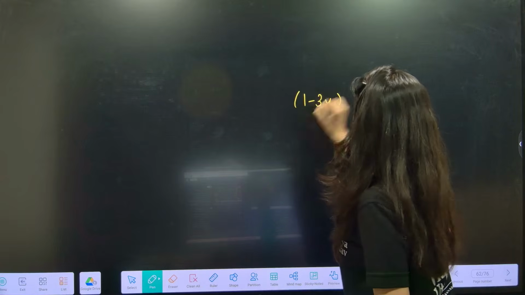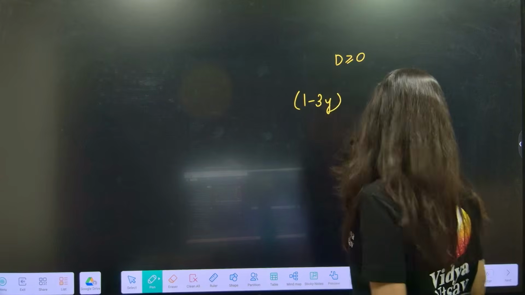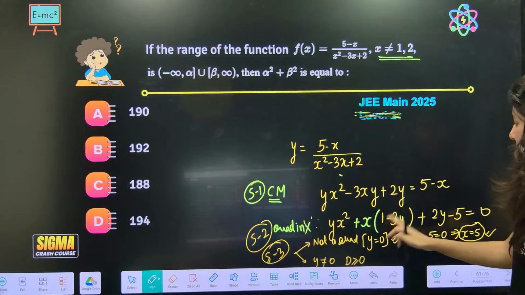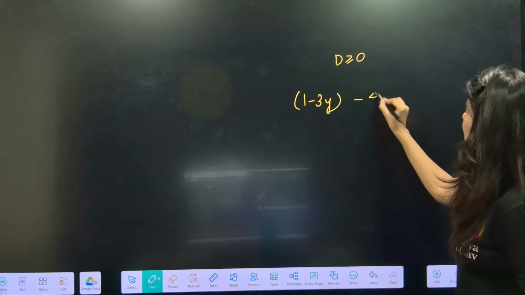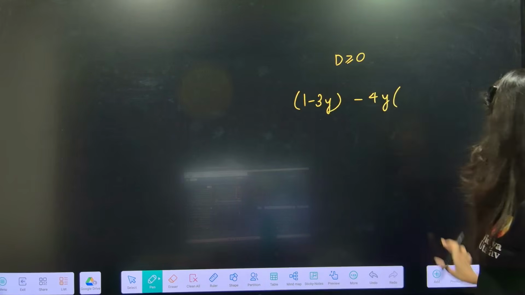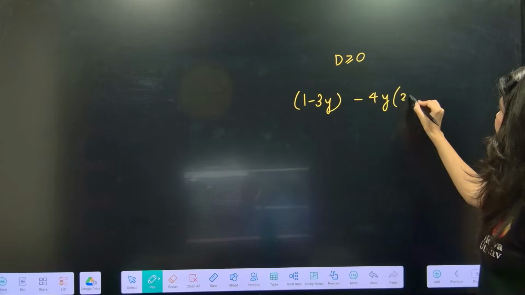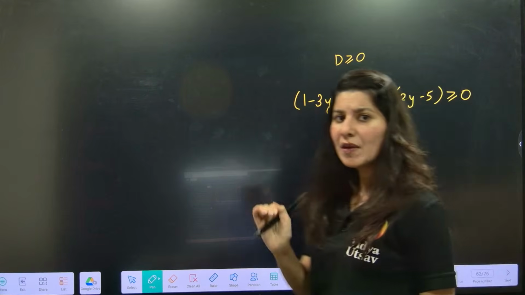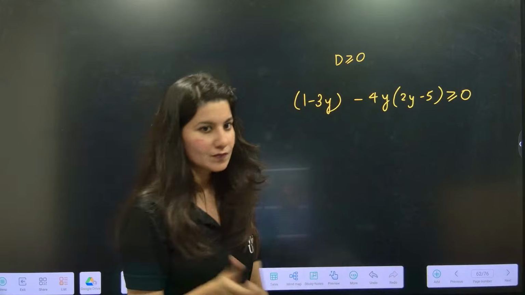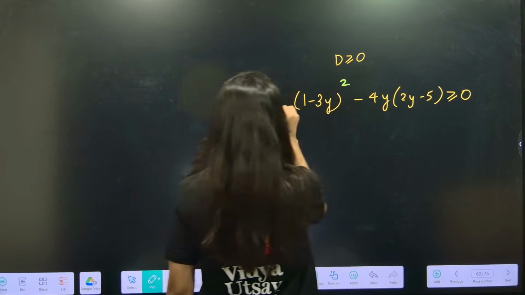So b square, 1 minus 3y whole square, discriminant greater than or equal to 0. This is the step. So 1 minus 3y whole square, b square minus 4ac, so minus 4a, and you know what? 2y minus 5, greater than or equal to 0. Just solve this using method of intervals. Don't forget this is a square.